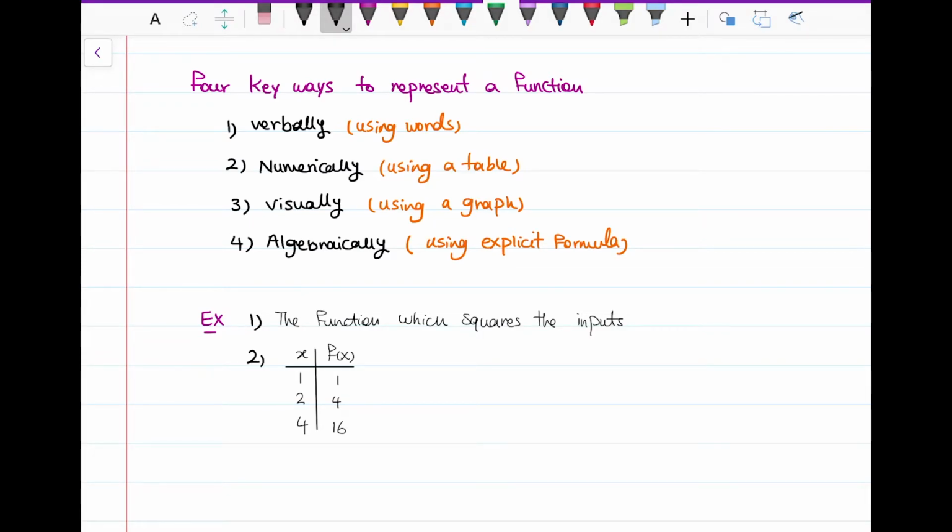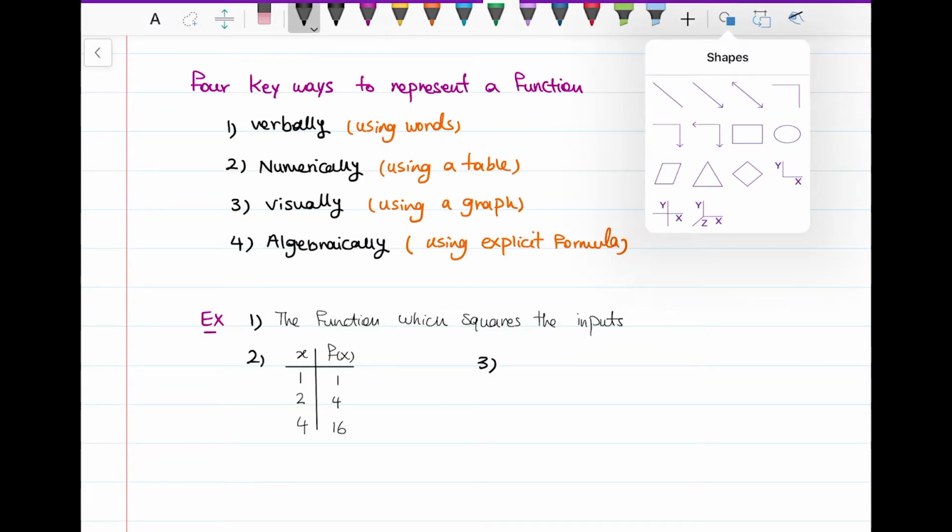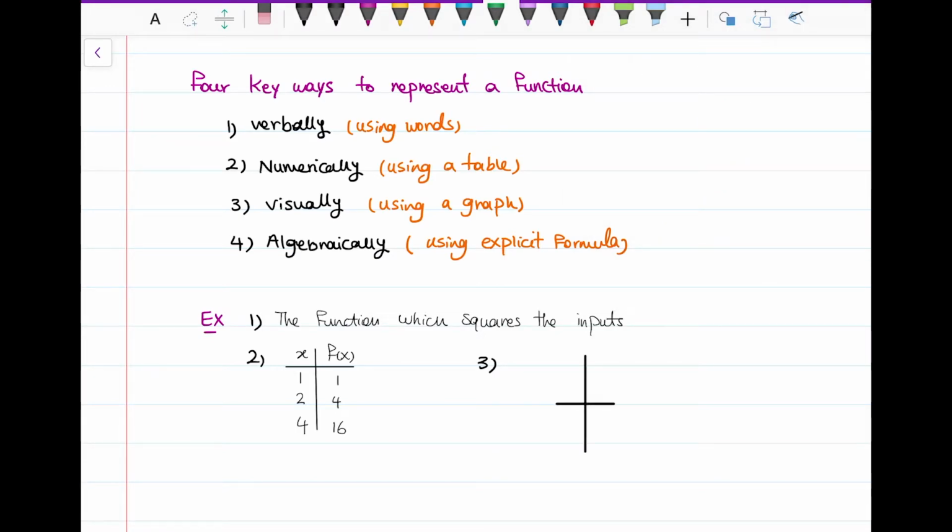Okay. Then I'm going to show it visually, which means that I'm going to use a graph. Let me graph this function. The graph of this function that squares the input would be this function.